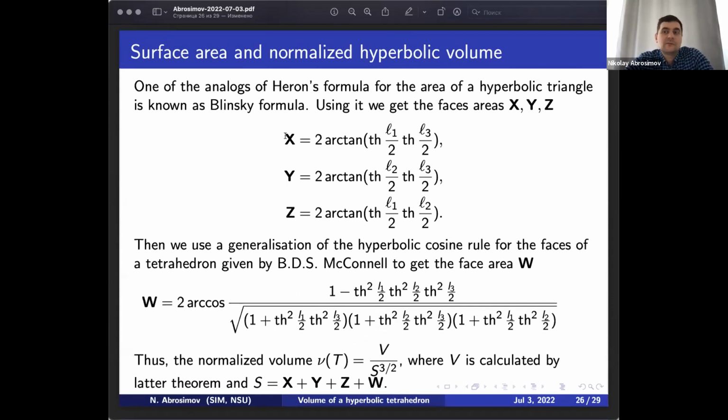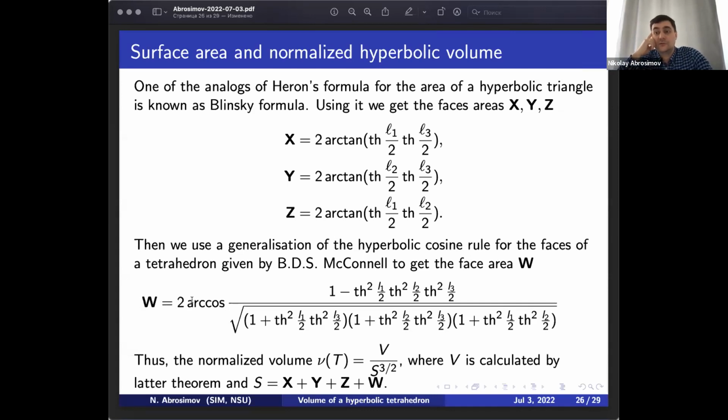So we find X, Y, and Z using the analog of Heron's formula for the area of a hyperbolic triangle, known as Blinsky formula. And to get the area W, we use a generalization of the hyperbolic cosine rule for the faces of a tetrahedron given by McConnell.